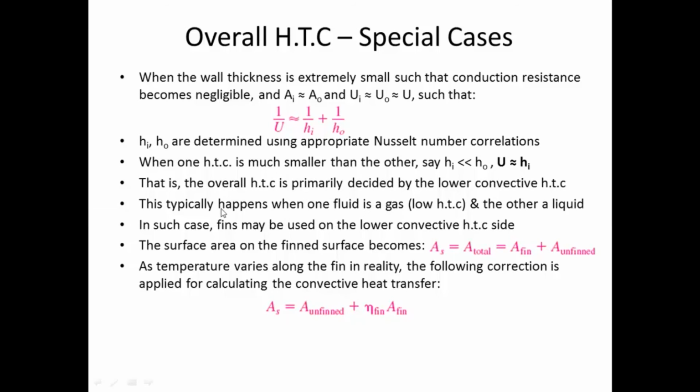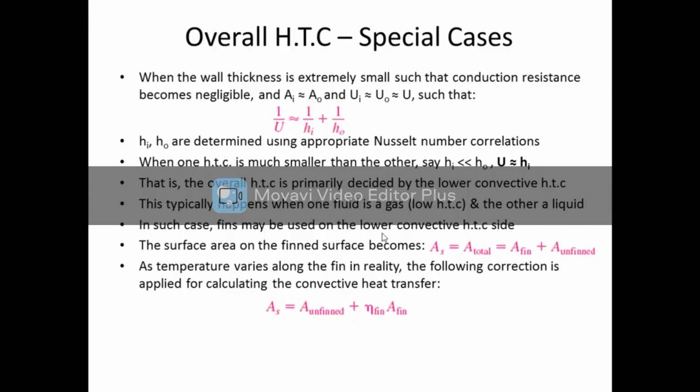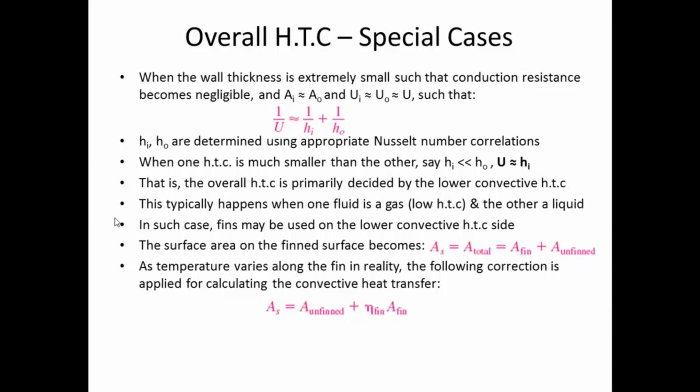And as we have seen in the discussion on fins, they are commonly used on the side which has a lower convective heat transfer coefficient. So if we have a gas to liquid heat exchange, we use the fins on the gas side. But then if we are using fins, we have to account for the surface area of the fins as well.